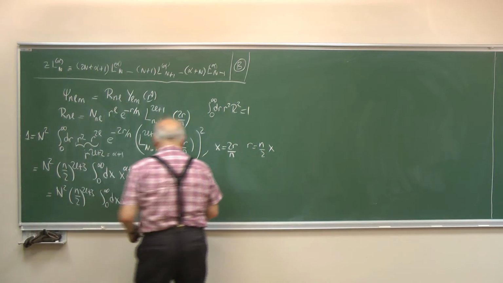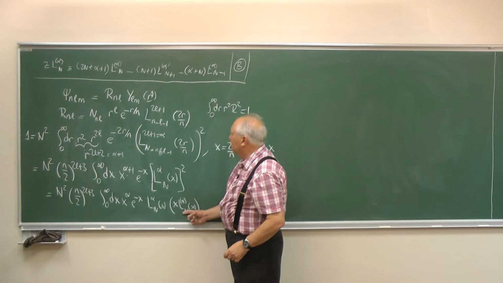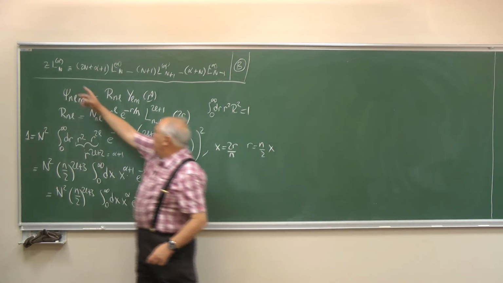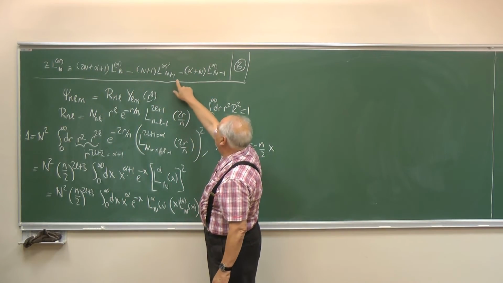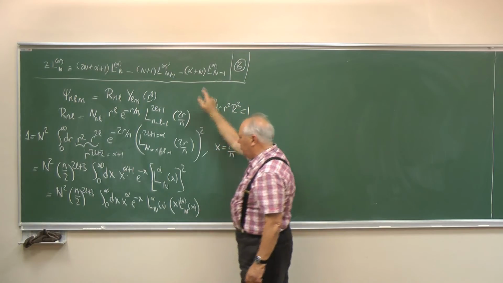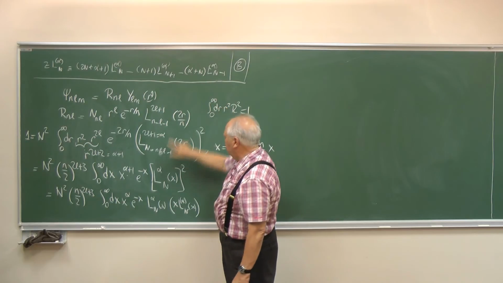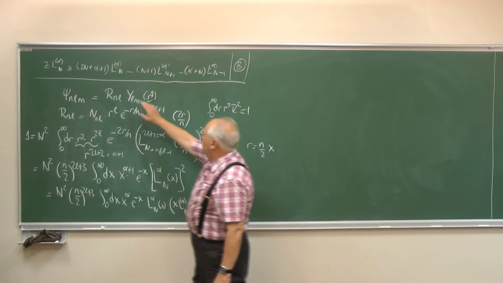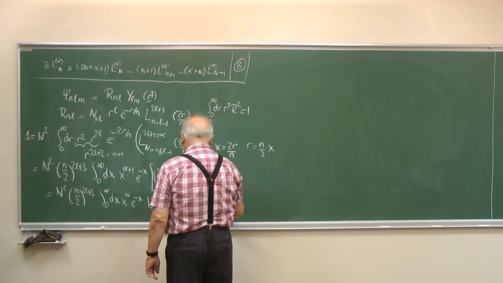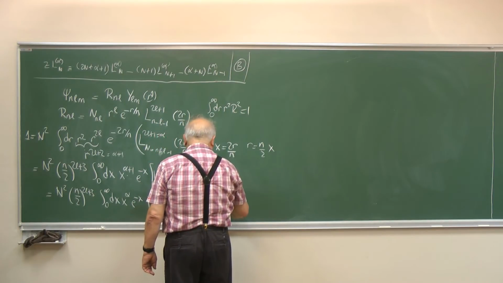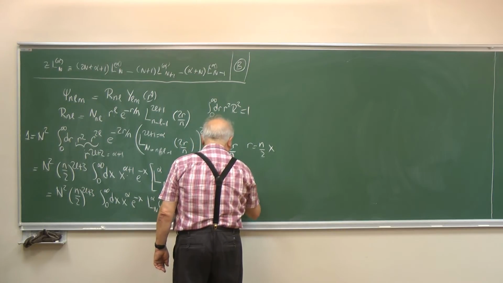If you replace this thing with all these terms, the n plus 1 integral and the n minus 1 integral will give 0, because n plus 1 is not equal to n, and n minus 1 is not equal to n. Only this one will contribute. So let us write this. This is N_nl squared, n over 2 to the 2l plus 3.